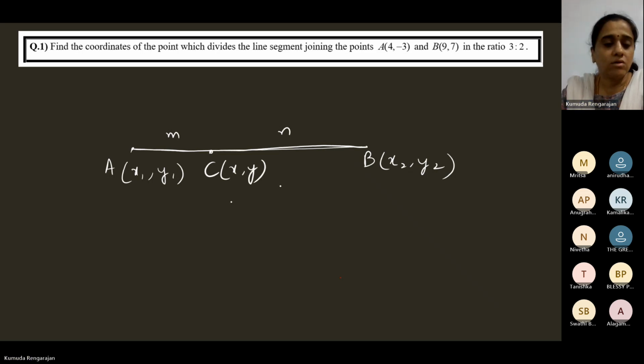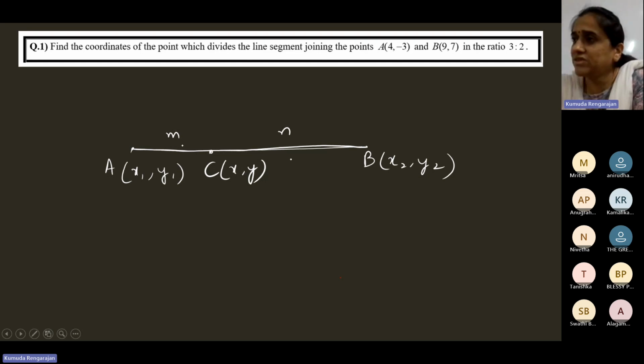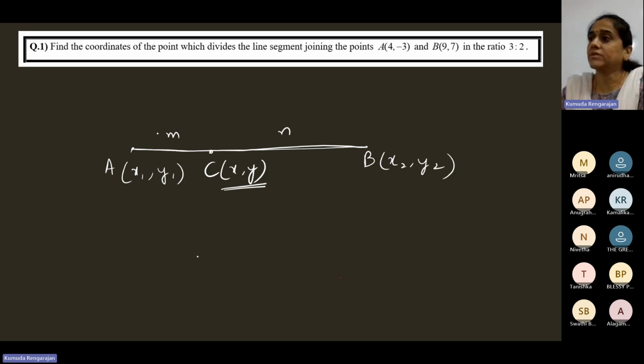So all these are the components of the section formula: A, B, x1, y1, x2, y2, and C, which lies on AB. C is called the point of division. It divides the line segment AB in the ratio M is to N. The direct application of the section formula is to find the coordinates of the point C.